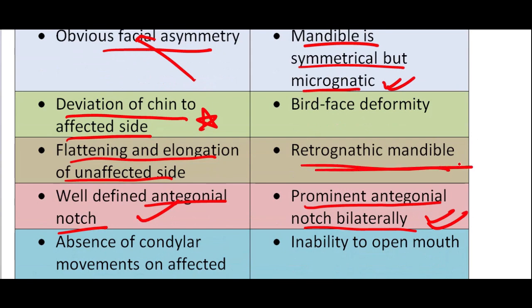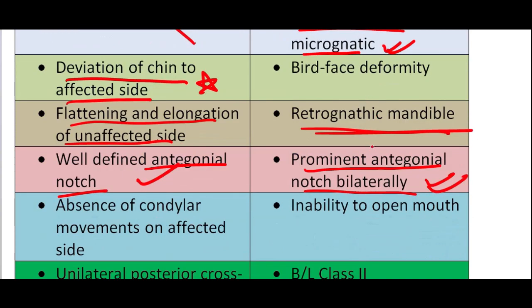The mandible is retrognathic, the antigonial notch is seen bilaterally, and there is inability to open the mouth. Mouth opening is often less than 5 mm wide, so that makes it challenging to eat or speak comfortably.